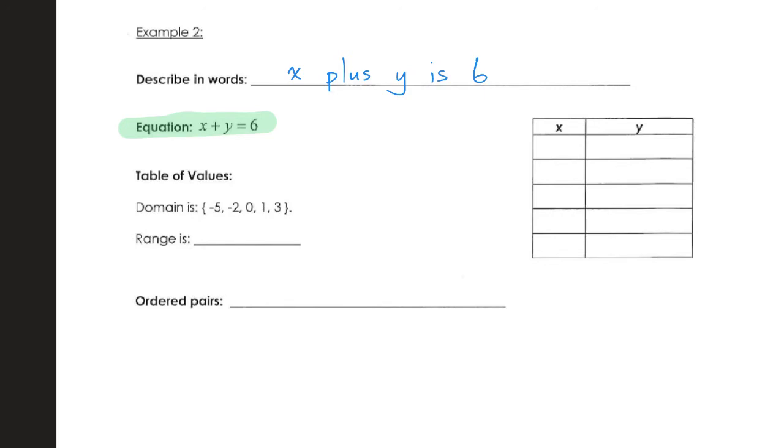Now, I'm going to get rid of that because I think we could put a little extra to it. Maybe we could say the sum of x and y is 6. We're just putting a little more mathematical language to it, even though we're still writing in English. I like the sum of x and y being 6 as a better statement.